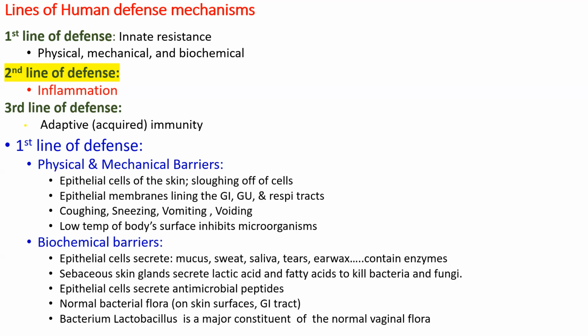And then the third line of defense is the adaptive immunity, which is the immune system, the immune response. When the immune response is elicited, that is considered the third line of defense.